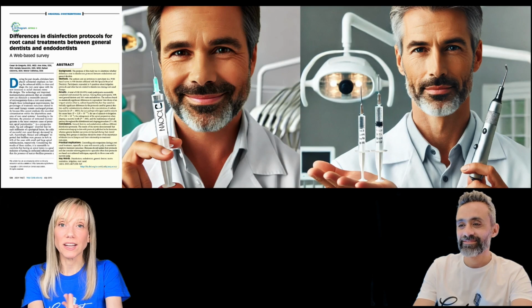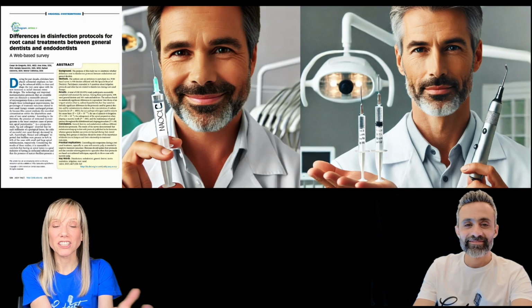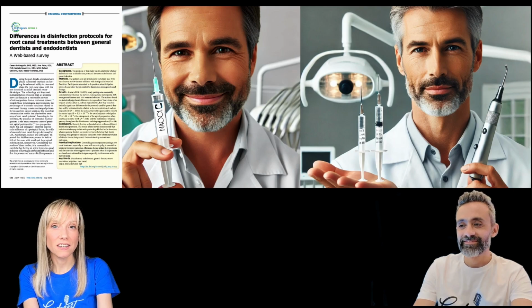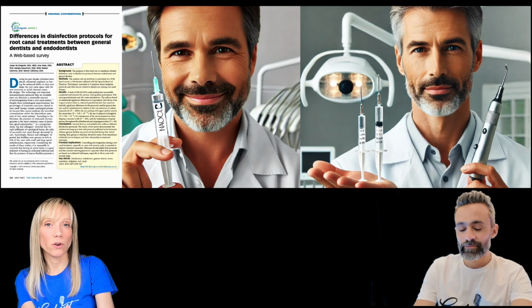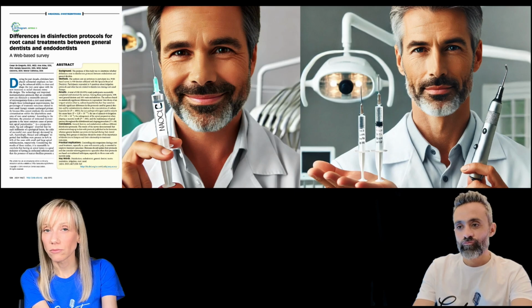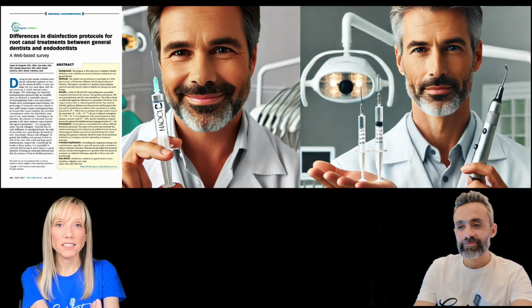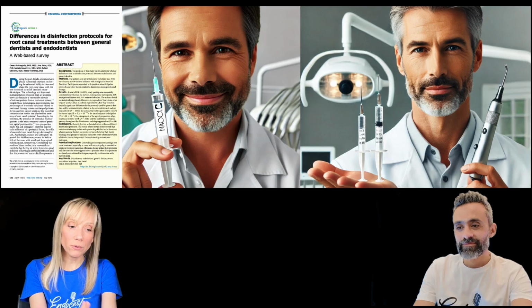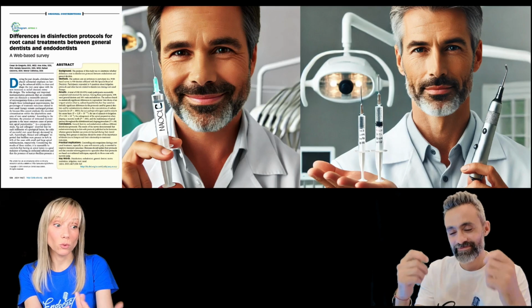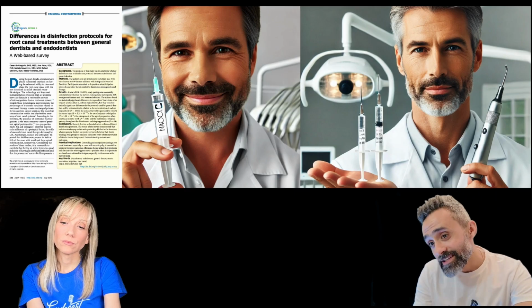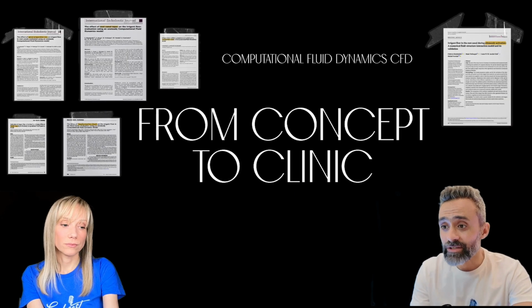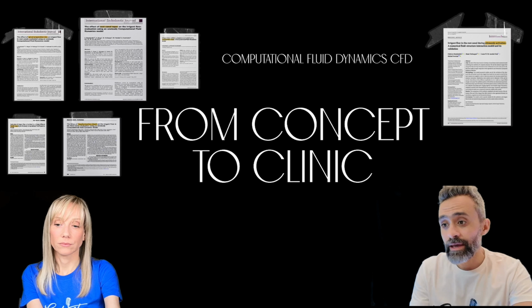And the main difference between general practitioners and specialists is that general practitioners in general only use sodium hypochlorite with a syringe, and specialists use more than one irrigant and they tend to activate the irrigants that they use.